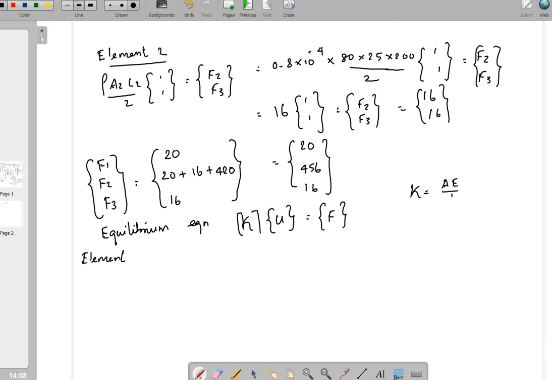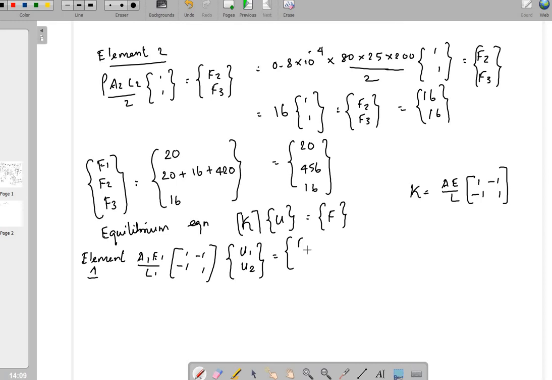It is AE by L times 1 minus 1 minus 1 1. So we can use here the area 1: A1 E1 by L1 times 1 minus 1 minus 1 1 into the displacement vector U1 U2 for element number 1, which is equal to the force vector F1 and F2. So this is the equilibrium equation.